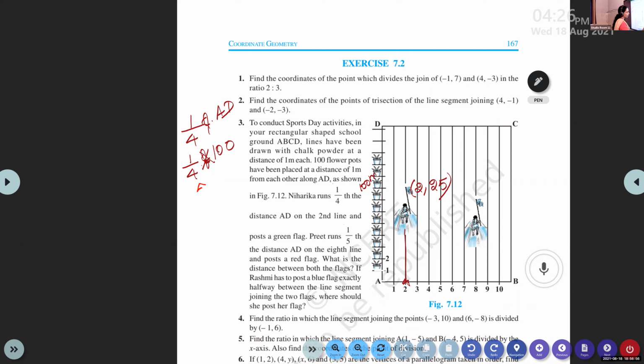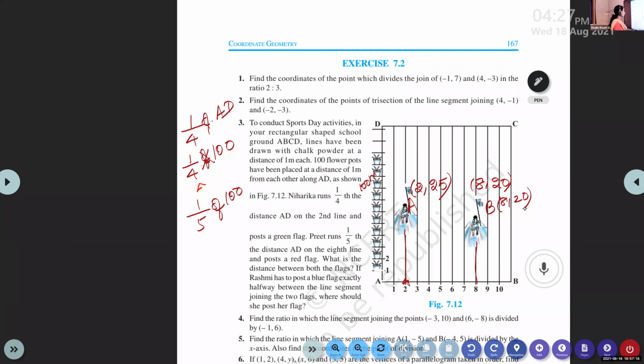She is moving along the 8th line and she covers 1/5 of 100, which is 20. So 8, 20. The first person's coordinate is 2, 25. The second person's coordinate is 8, 20.